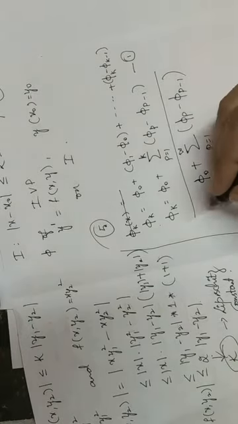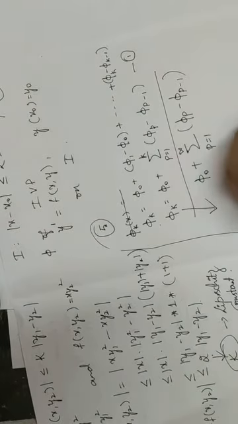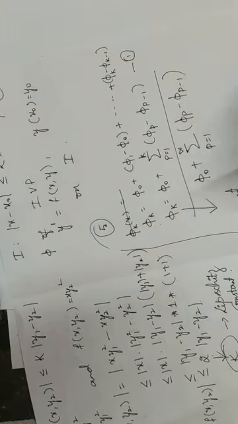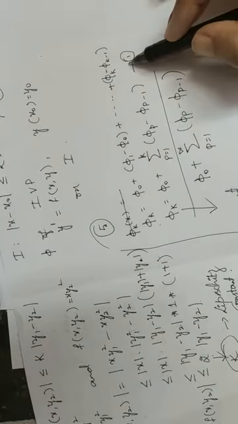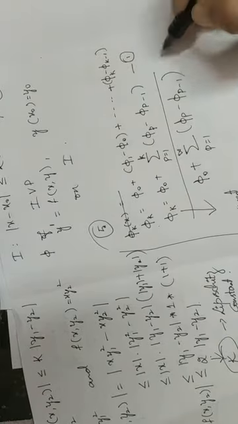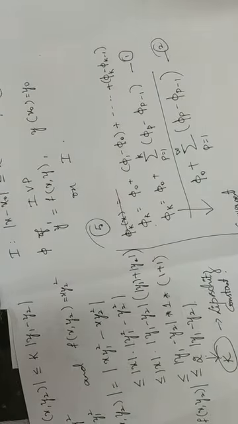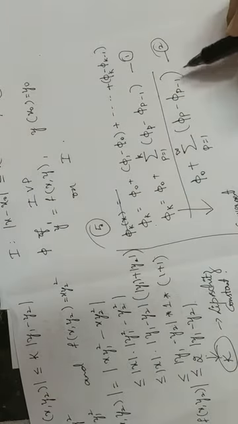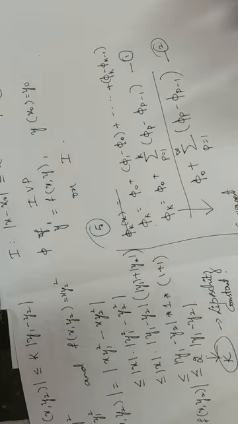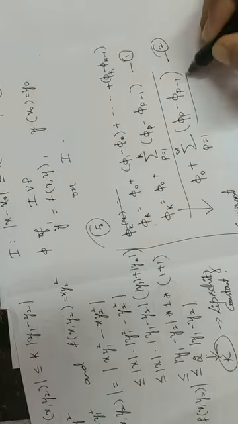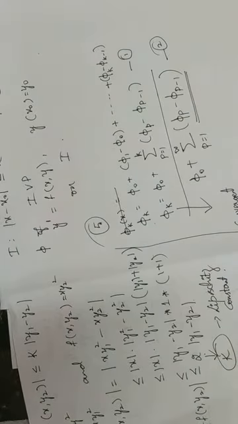So I have to prove that this phi k is convergent. To prove that phi k is convergent, it is enough if we prove that this equation number 2 is a converging series, right? In order to prove this, I should find out what this phi p minus phi p minus 1 is.